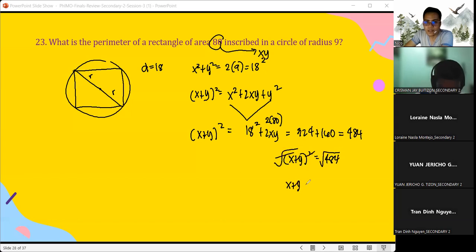So x plus y is equal to 22. So the perimeter is equal to 2 of x plus y, which is equal to 2 of 22. So the answer is 44. Okay? So we answered na this one also before, if you remember.